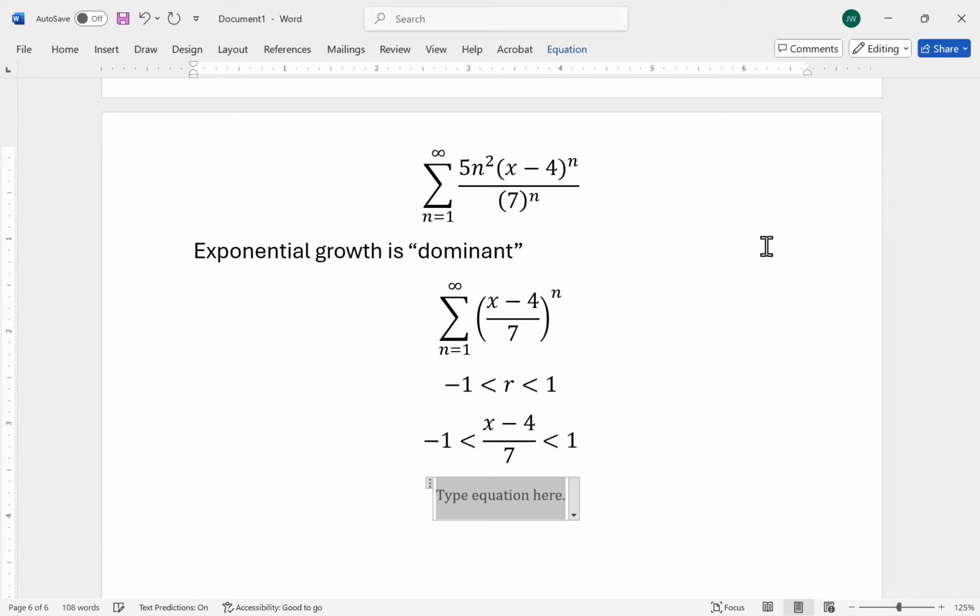Multiply both sides by 7. And then add 4 to both sides. I say both, I mean all three sides, I should have said. Same thing, when I multiply by 7, I'm multiplying by 7 on all three sides.